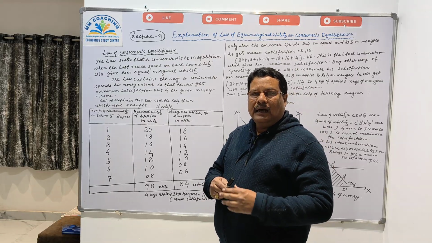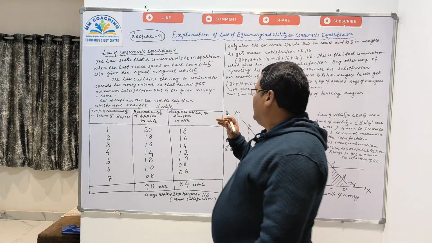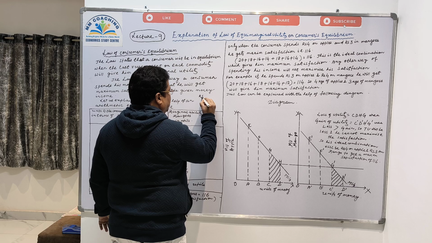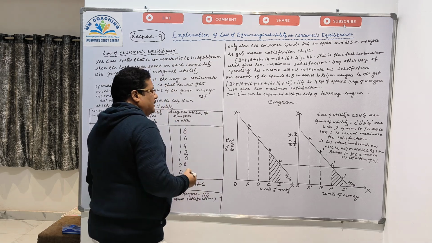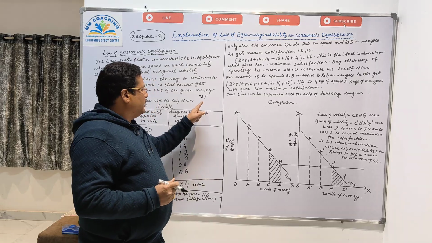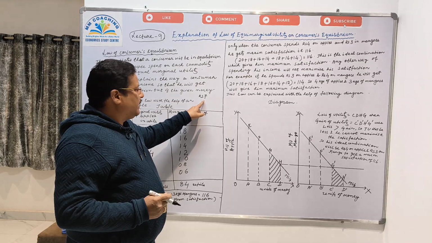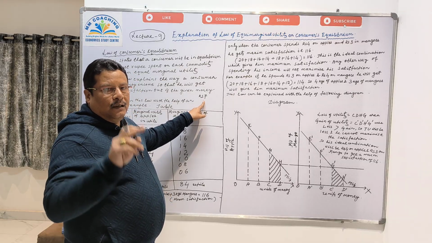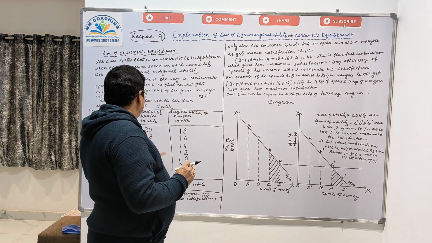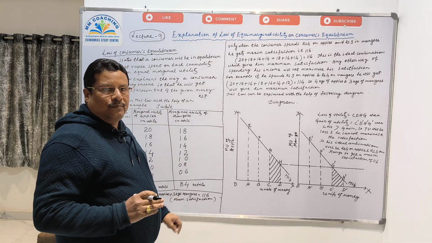Suppose our consumer has ₹7 at his disposal. With this 7 rupees, he will consume two commodities, say apples and mangoes.